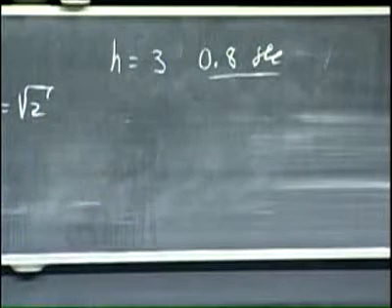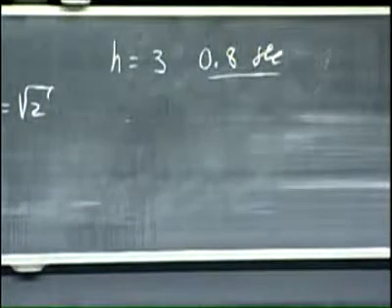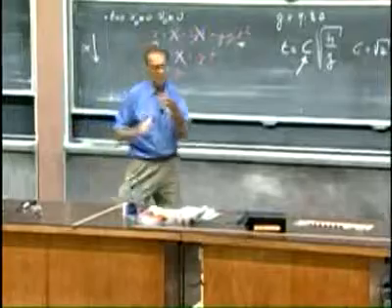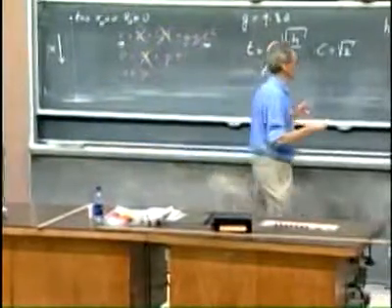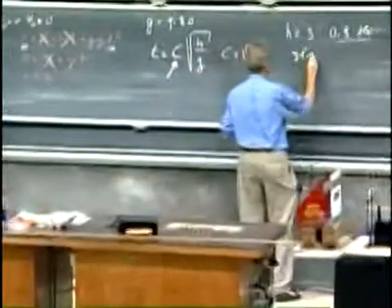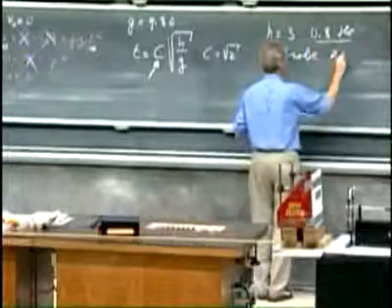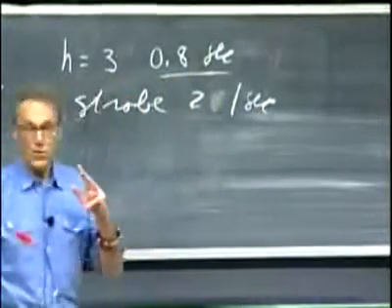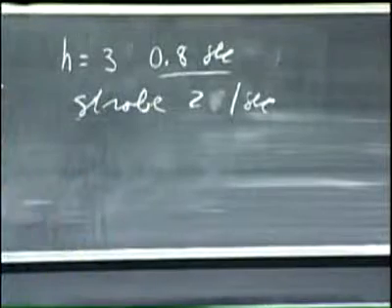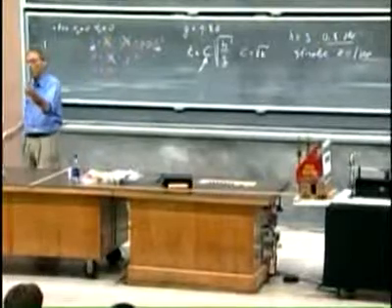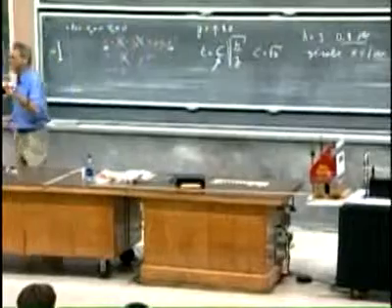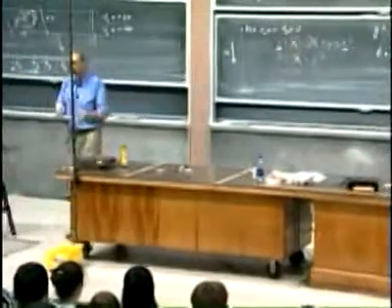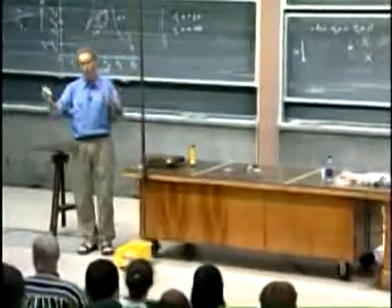If I strobe it twice per second, we call that 2 hertz, so my strobe is 2 times per second, then I should hit that ball when it's falling twice with my strobe light. I don't know where it is though, because when we strobe it and when I let the apple go, the two are not synchronized.